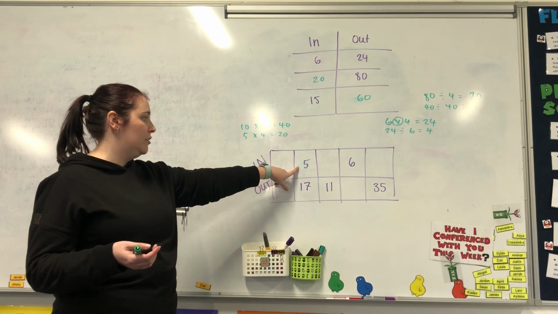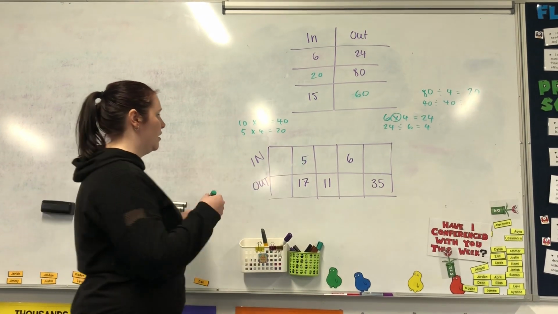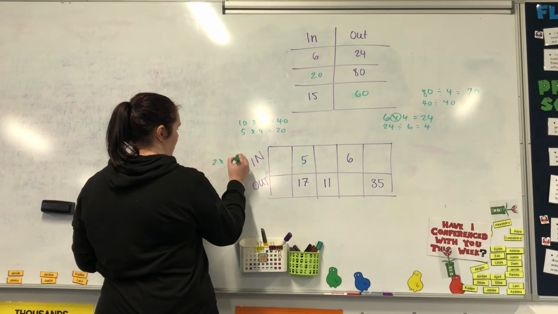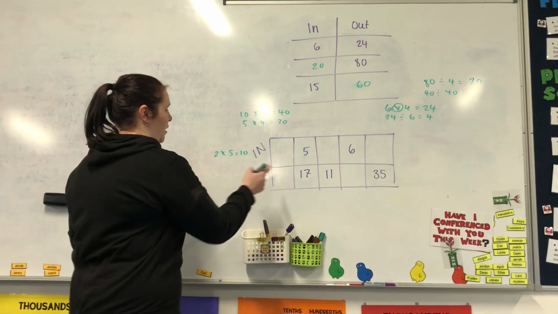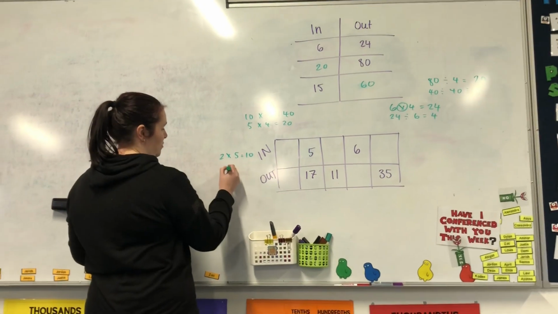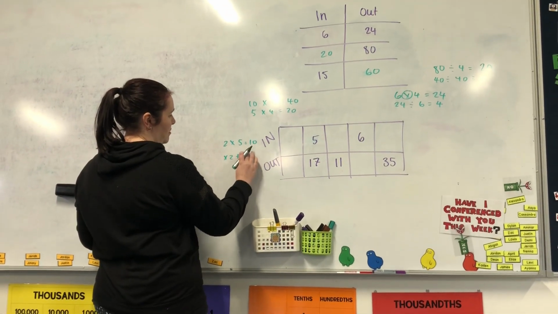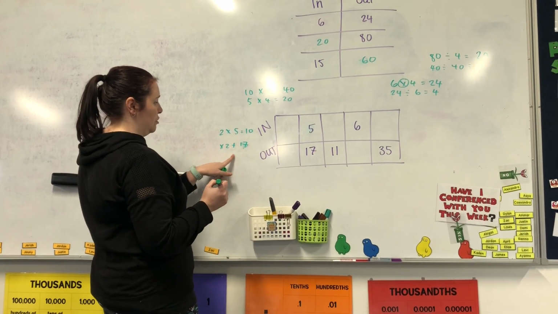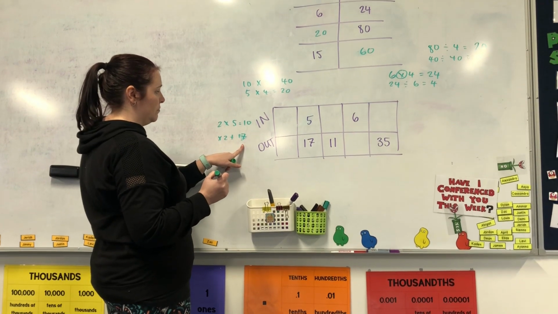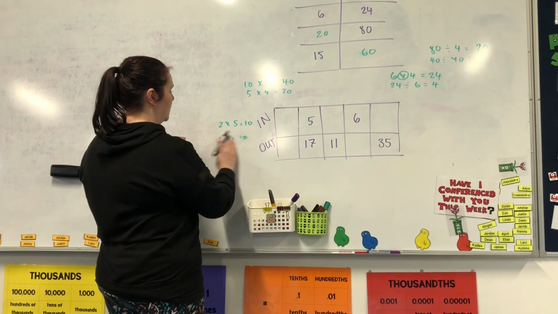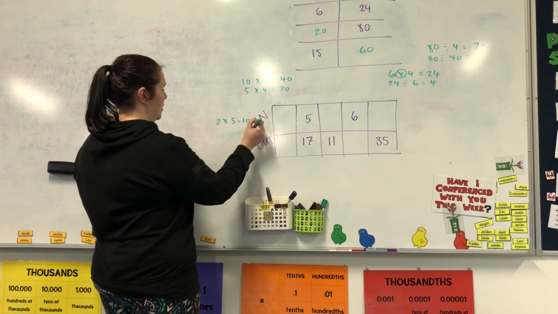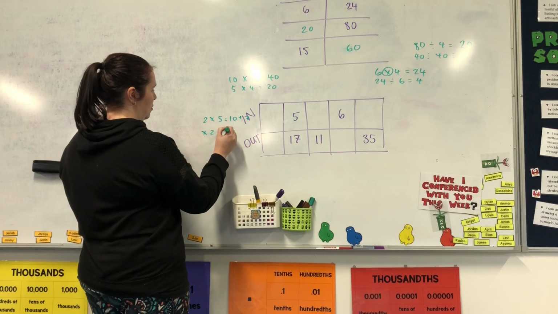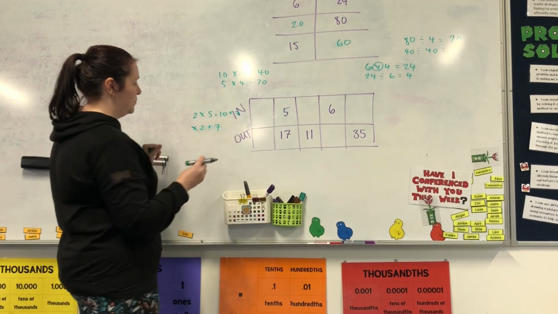If 2 times 5 is 10, and then to get 17 is plus 7, then my rule would be times 2 plus 7.